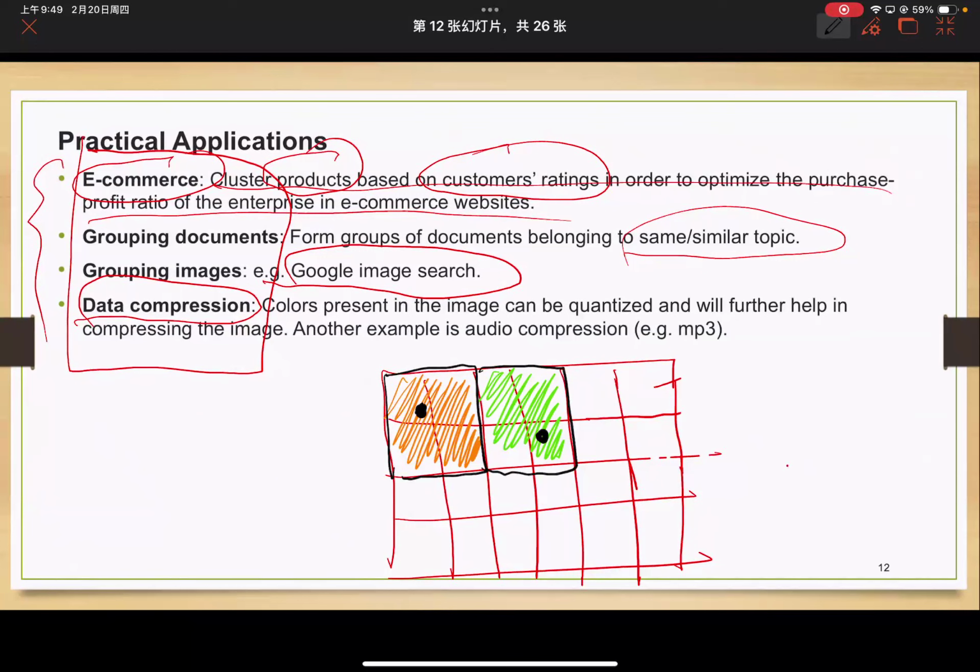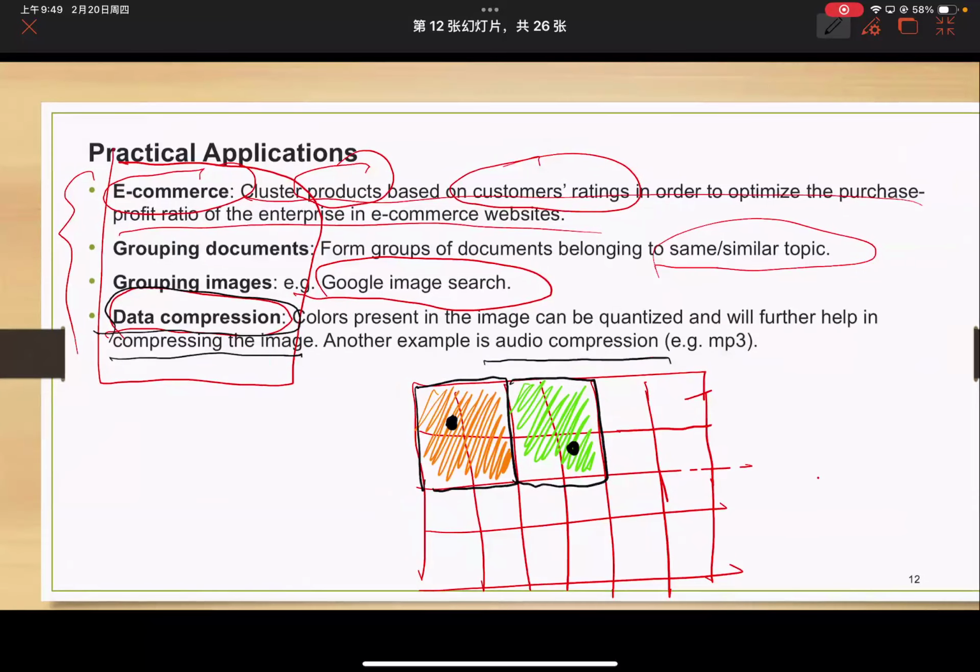That means we use one new pixel to represent the 4 pixels in each cluster, and then delete the data. So then the information in the figure will be less. So this is how we do data compression, like compressing an image or audio compression. They have the same principle.